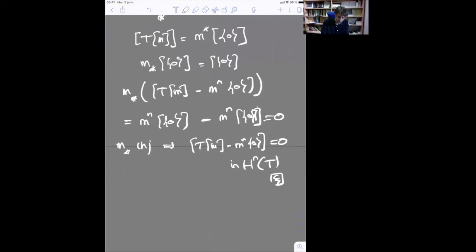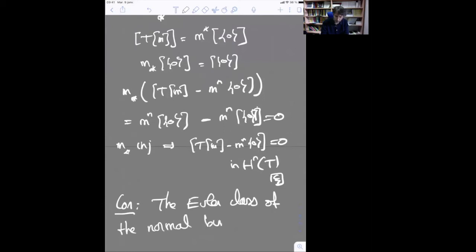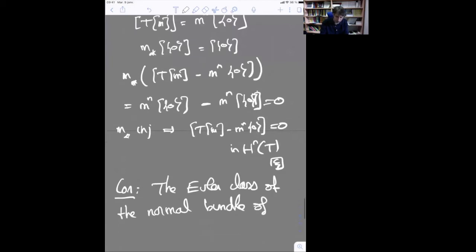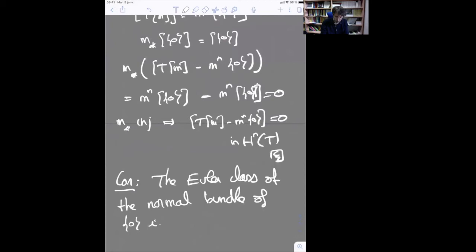So I will note the following corollary. The Euler class of the normal bundle of 0 in T vanishes.